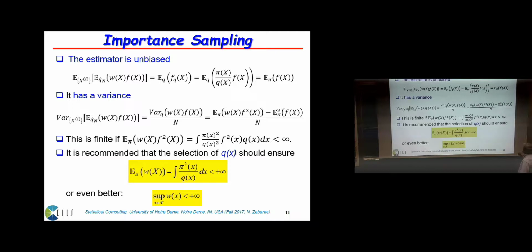Is this a correct result? Convince yourselves, because from Q I went to pi there. Remember, W is pi over Q. Is that okay? Do you agree with both terms? Here you will get the expectation under Q of W squared F squared.